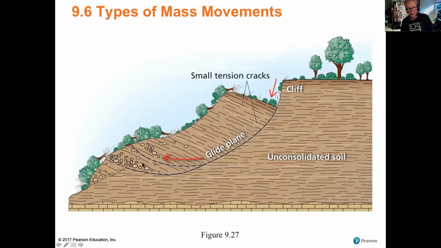And this is the rotational one where you can see where it's concave here, so it just kind of slides down, like a slide on a water slide or something, into this concave formation here.